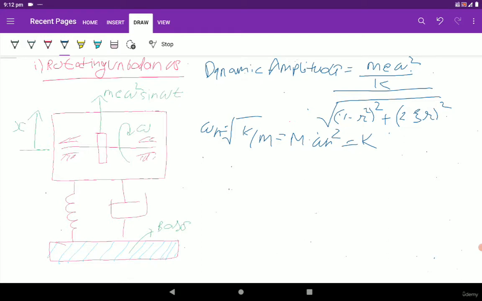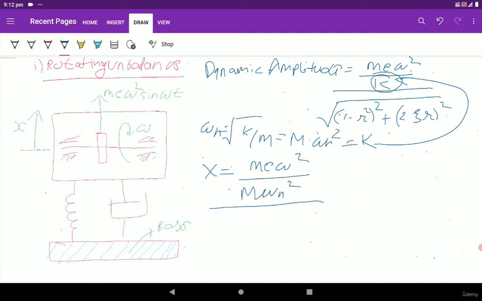So for further simplifying, we are going to substitute the value of k here. So we are getting the equation as x is equal to m e omega square upon capital M omega n square divided by under root of (1 minus r square) whole square plus (2 zeta r) whole square.